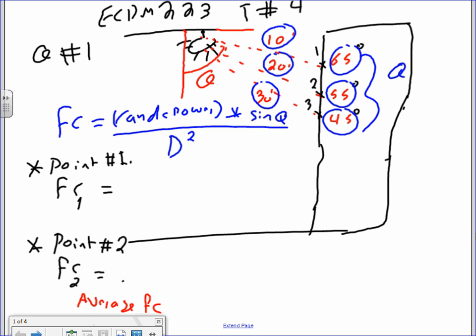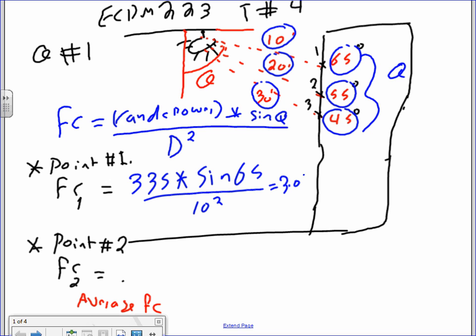At point 1, at angle 65, the candela power from fig 11.2 is 335, times sine 65, divided by the distance, 10 squared. Gentlemen, if you did that, you should end up with 3.03. Done.